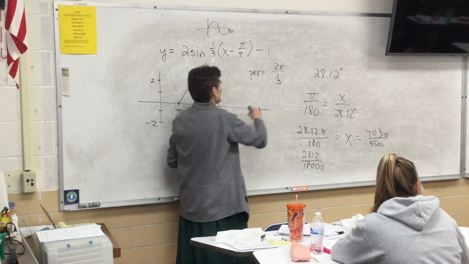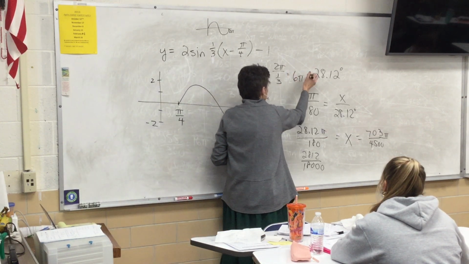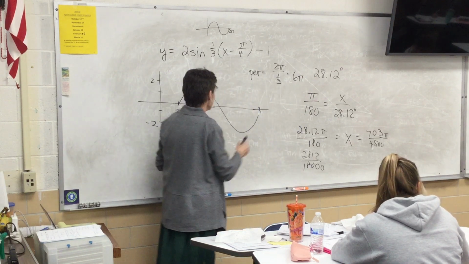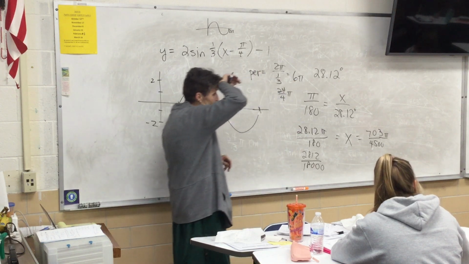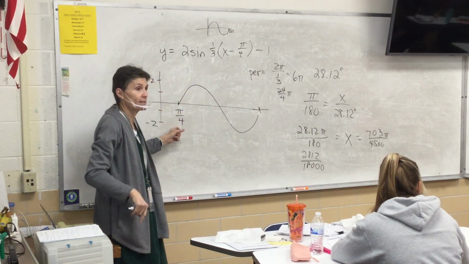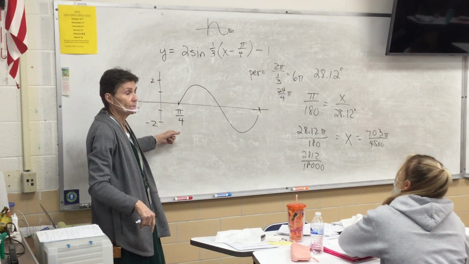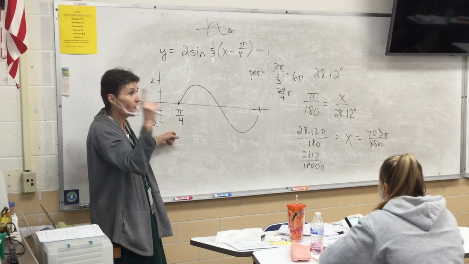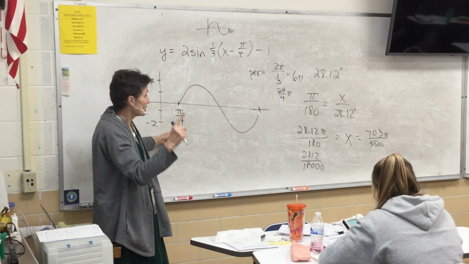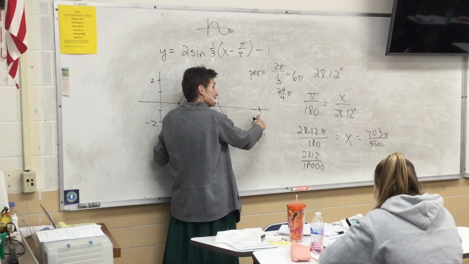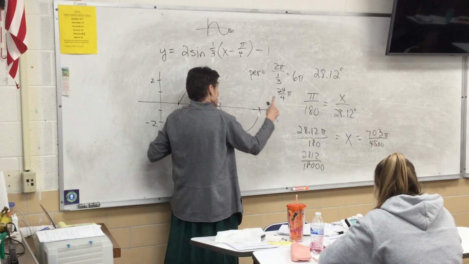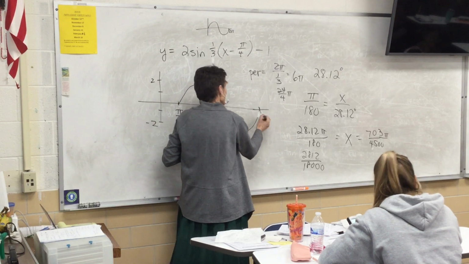All right, so what's 2 pi divided by 1/3? 6 pi, which is 24 pi over 4. If I want to think about it in terms of my starting point, my starting point is pi over 4. The distance between my fingers is 24 pi over 4. So what's the end point? 25 pi over 4.